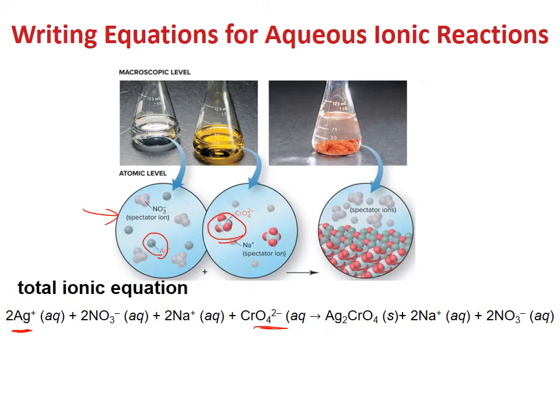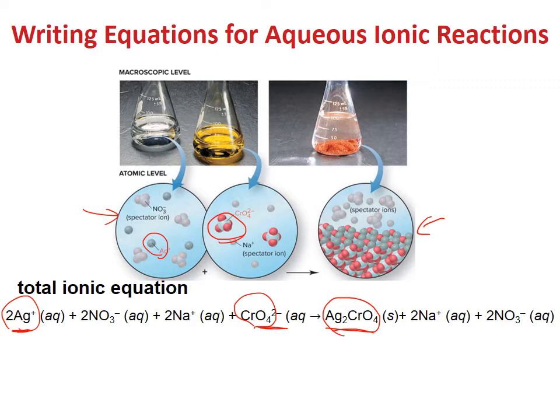In the product, however, these two ions combine to form the solid. So silver ion and chromate ion form solid silver chromate. And that's the change from the reactants to the products.